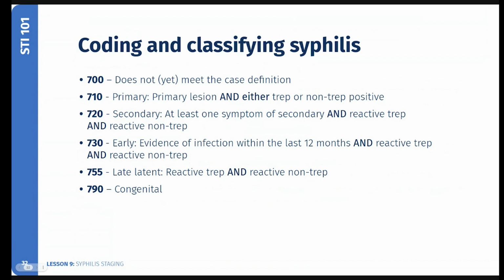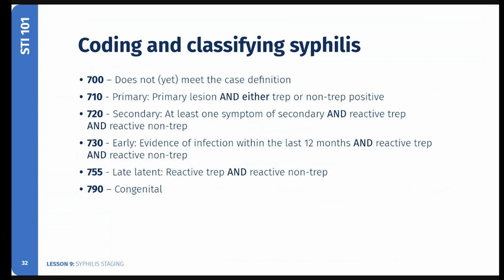710 is the code for primary syphilis. To meet the definition of primary syphilis, you have to have a primary lesion at the time of testing and reactive on at least one of the TREP or non-TREP. Going back to the example of someone with a reactive RPR and non-reactive TPPA, this case might start as a 700, but if the investigator received a communicable disease report or med records indicating the patient had a primary lesion at the time of testing, the investigator would update the disease code to 710, investigate the case, and ultimately close the field record answering yes to the question of morbidity.